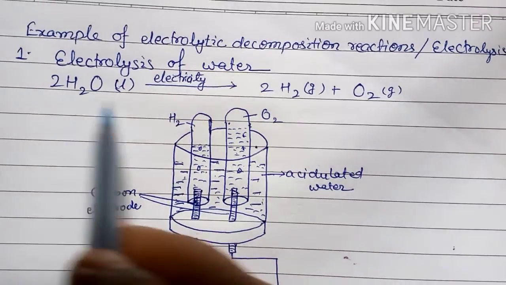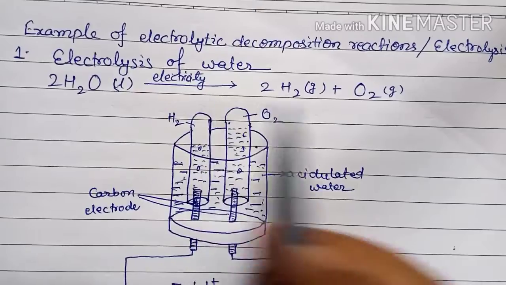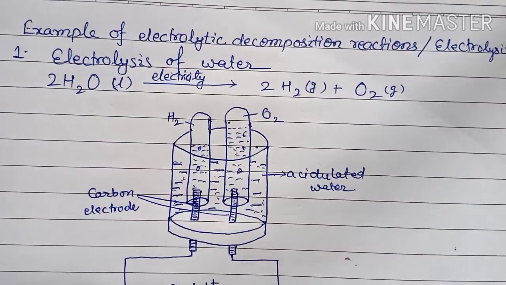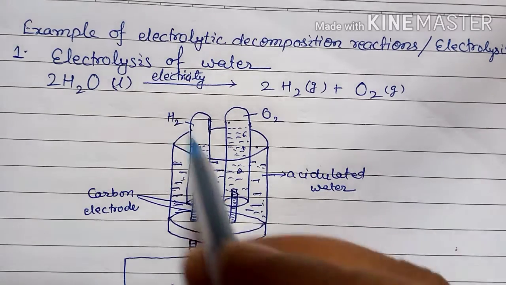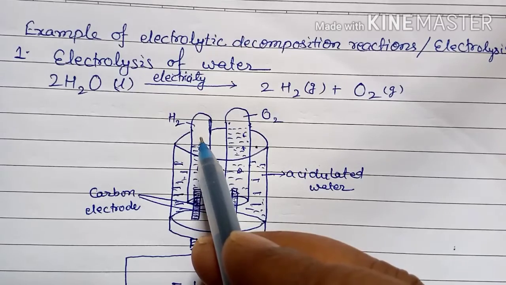This can be represented in this equation. The volume of hydrogen collected is double that of oxygen. This is quite expected according to the chemical equation. Actually, hydrogen and oxygen are colorless and have been shown by the empty space in the test tube.